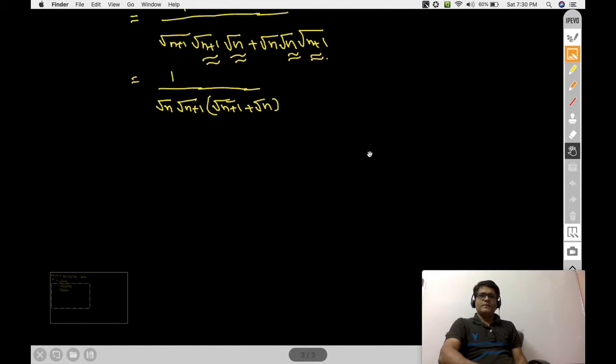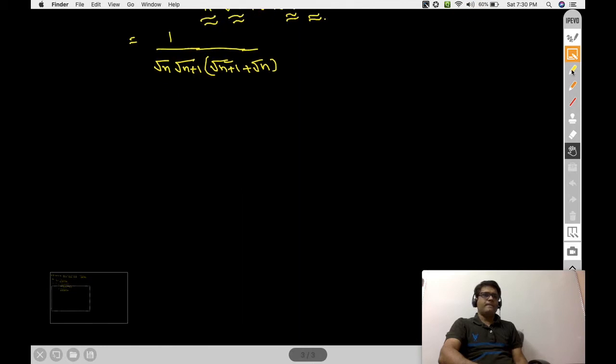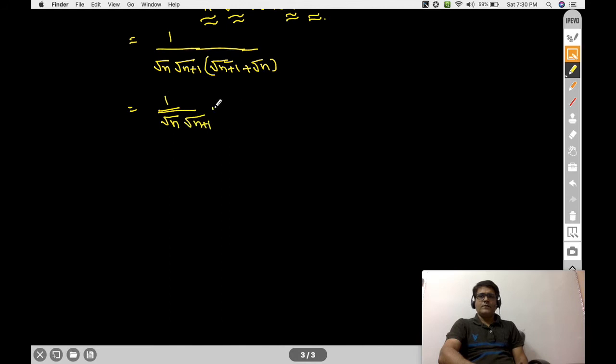Next, this is equal to 1 by root n into root n plus 1 into 1 by root n plus 1 plus root n. Here you multiply and divide with root n plus 1 minus root n.